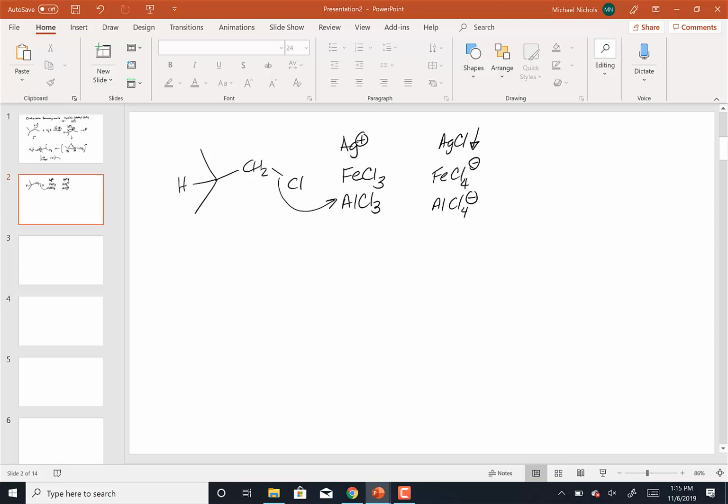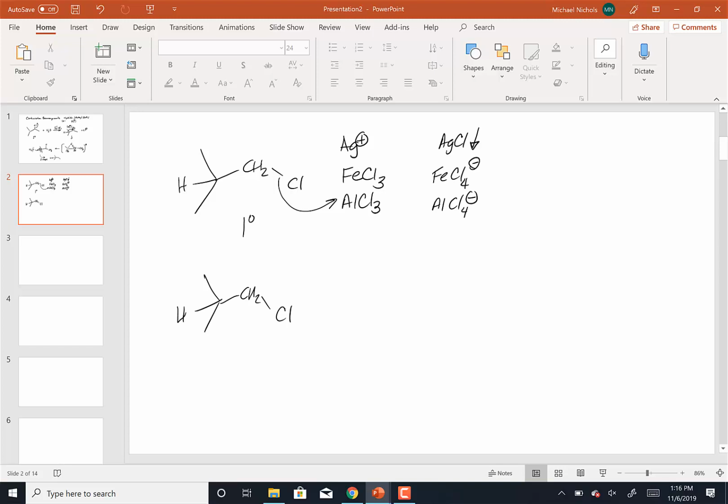So how does that work? And we don't need to worry about the metals. Let's just worry about the chloride coming off. I can't break the carbon-chlorine bond because I get a primary carbocation. I'm not allowed to write those. So what happens in a primary case? I'm just going to rewrite it here so I don't get confused with all the aluminum and silver.